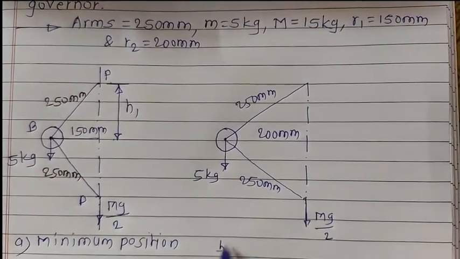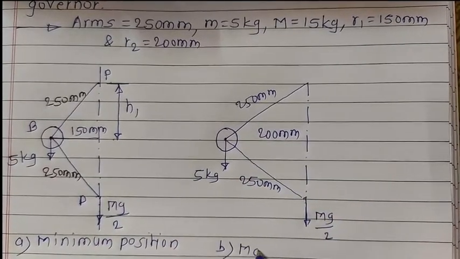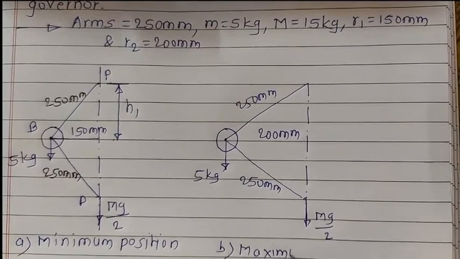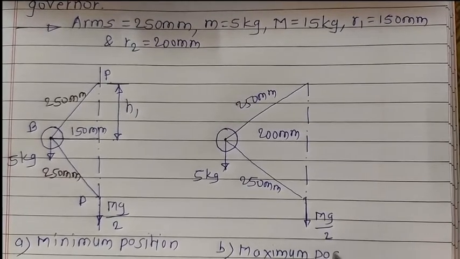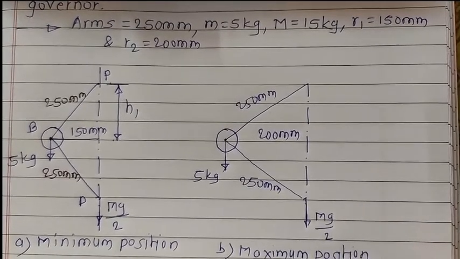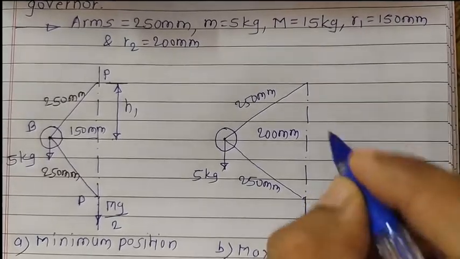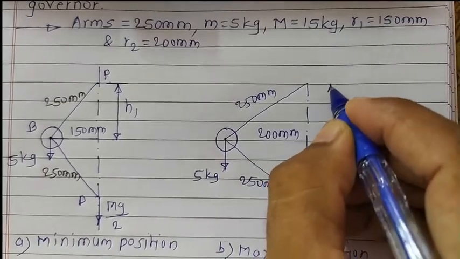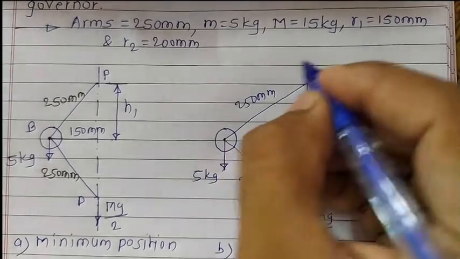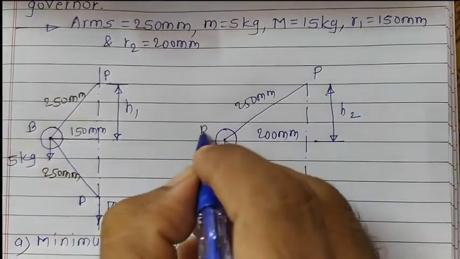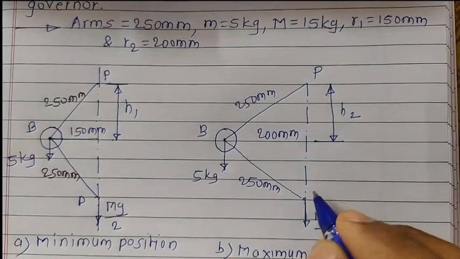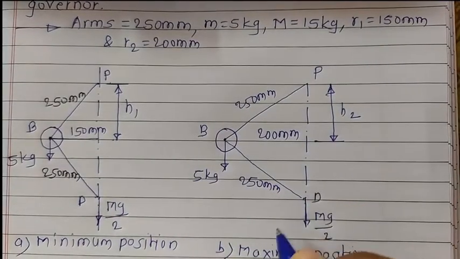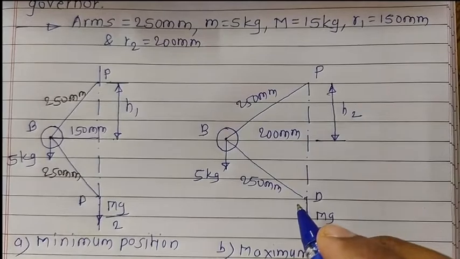So this indicates the maximum position. Okay, so in this case this indicates the height h2. Give the names at various points.